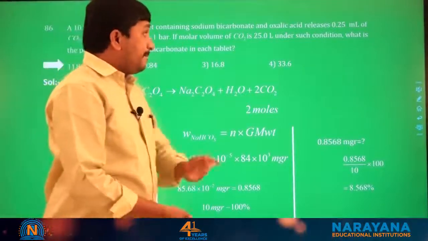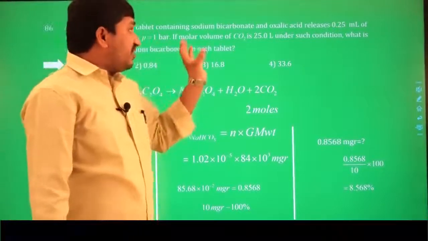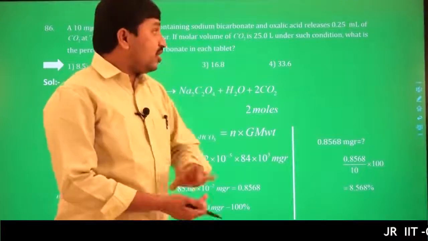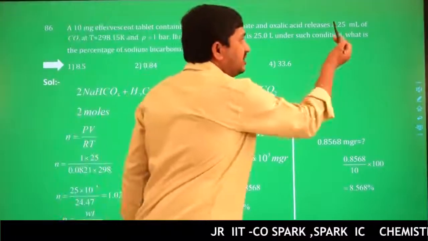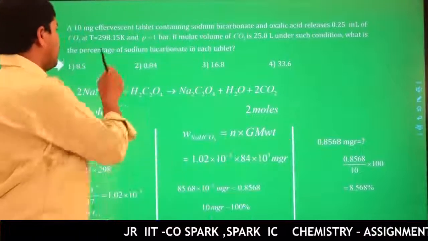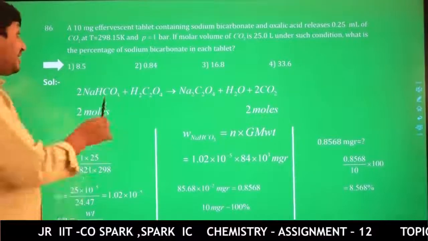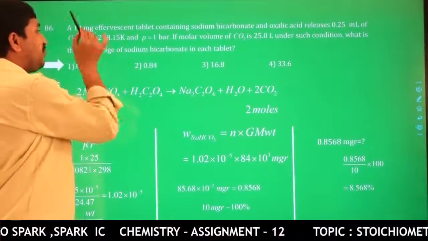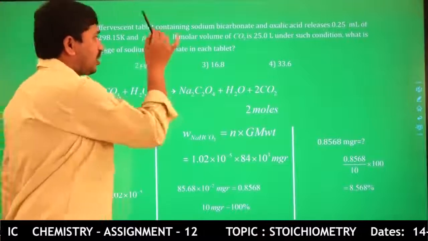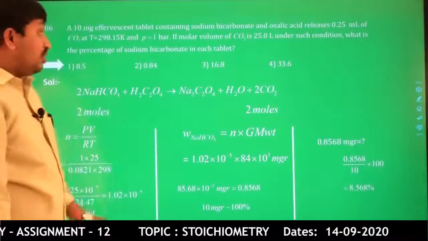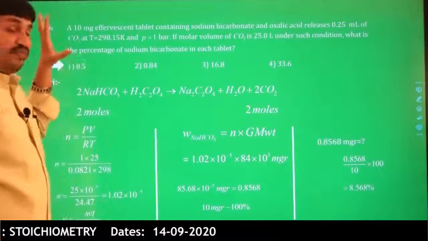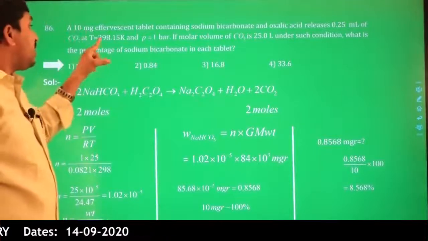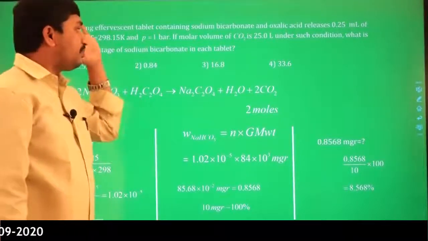So from the sodium bicarbonate in this tablet, carbon dioxide gas is released. How much carbon dioxide gas is released? 0.25 ml of carbon dioxide is released at 298.15 kelvins temperature and 1 bar pressure.